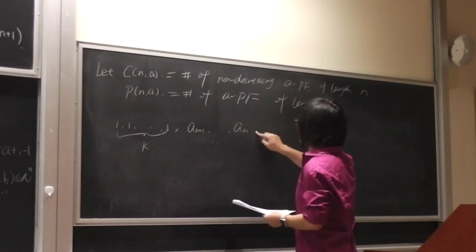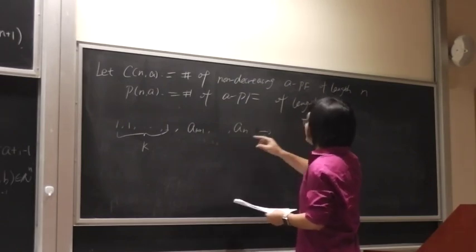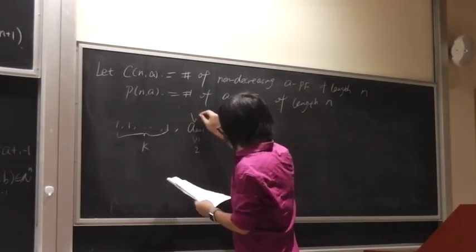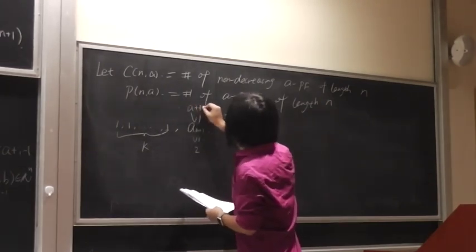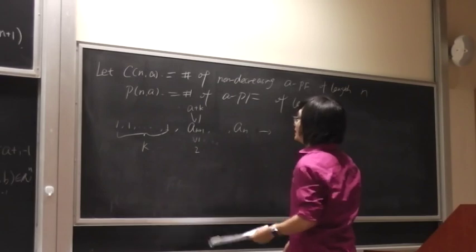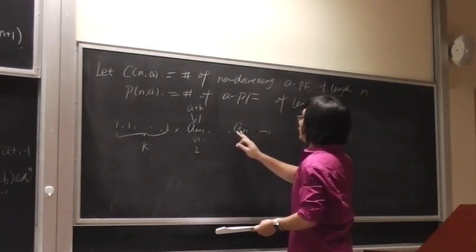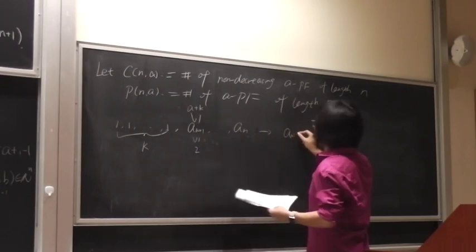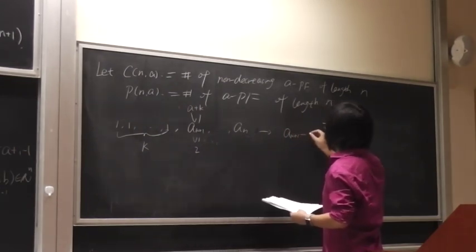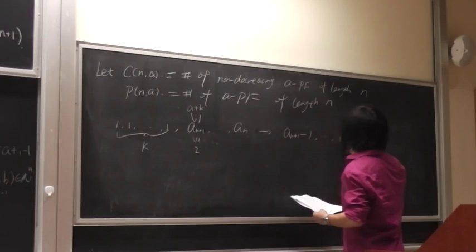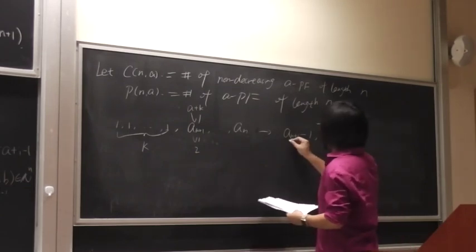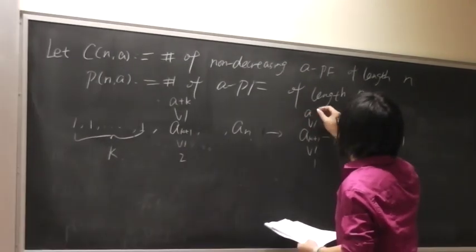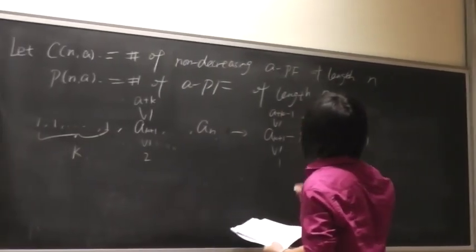Then there can be a map: a(k+1) must be greater than 1, and it's less than a plus k. So we delete all the ones, and for the remaining terms, for each one we just consider it minus 1. So it will be a(k+1) minus 1 up to an minus 1, where a(k+1) minus 1 is greater than 1 and less than a plus k minus 1.